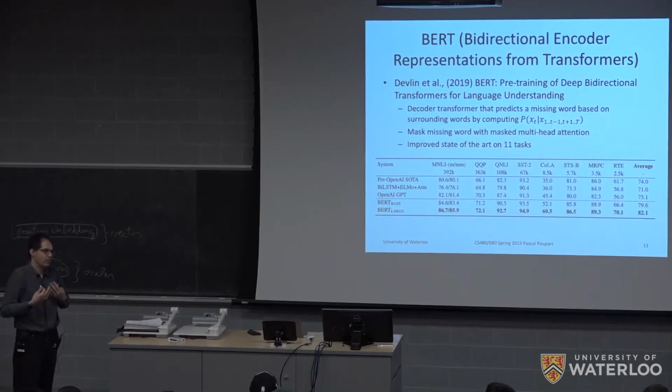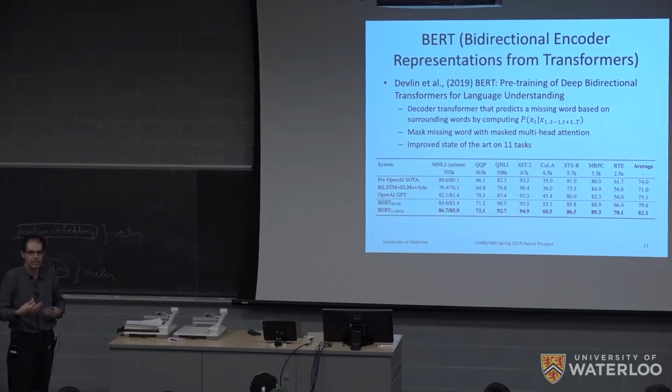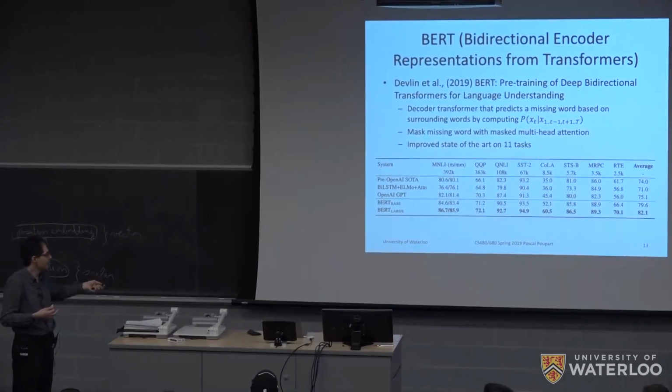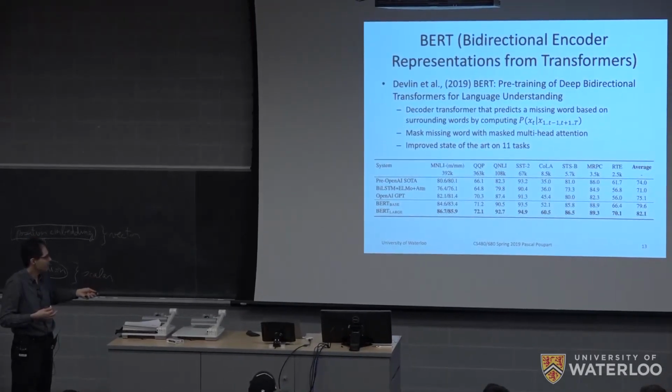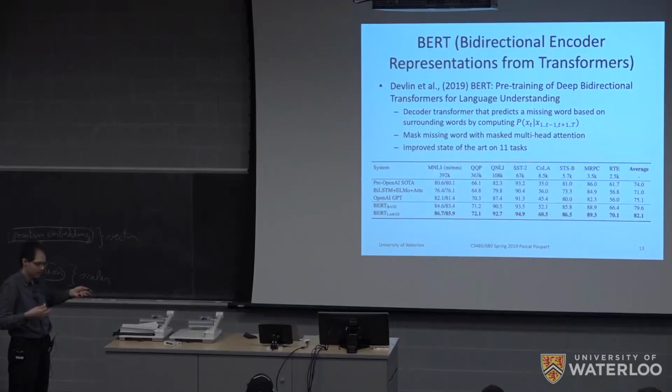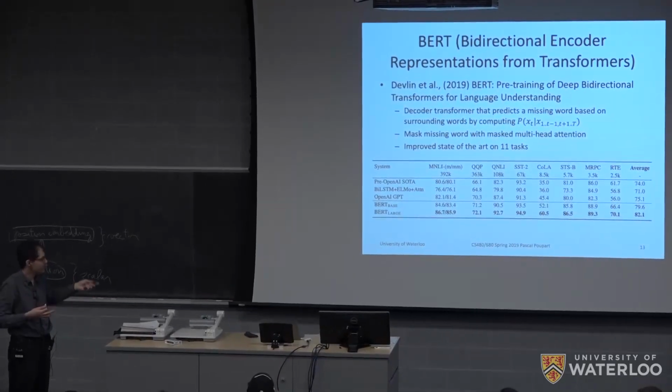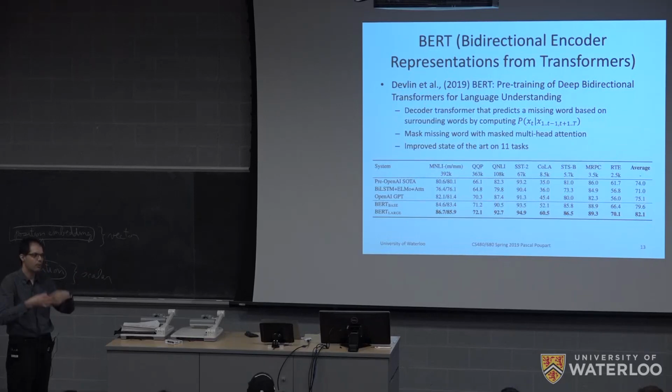As a result, it tends to generalize better, and it improves again on a lot of tasks. I don't remember what the number of tasks is, but in general, it beats BERT across the board for most tasks.